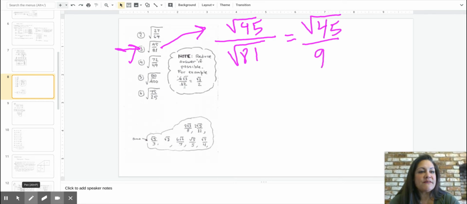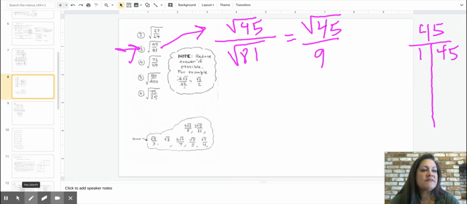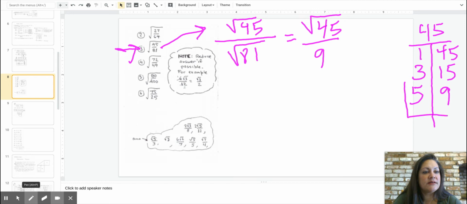Then we're going to do our factor tree. Of course, 1 times 45, not 2, 3 times 15, 4, 5, there we go, 5 times 9. I believe that is our winner.